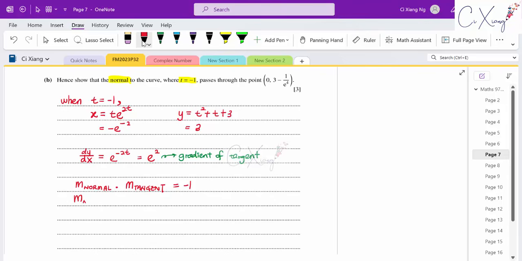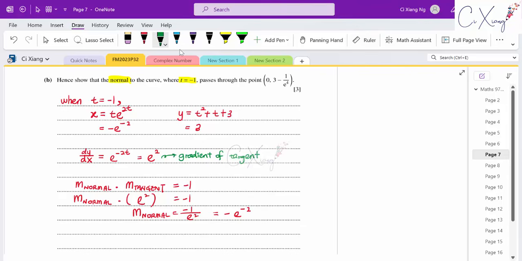The gradient of tangent is e power 2, and therefore I get my gradient of normal equals negative 1 over e power 2, and again I can rewrite it as negative e power negative 2.